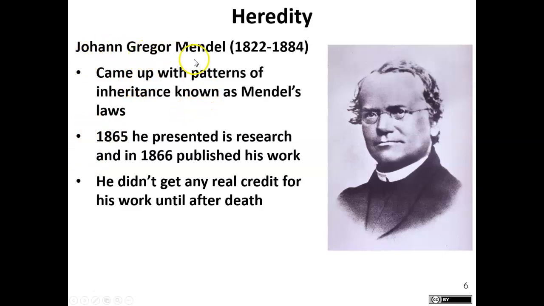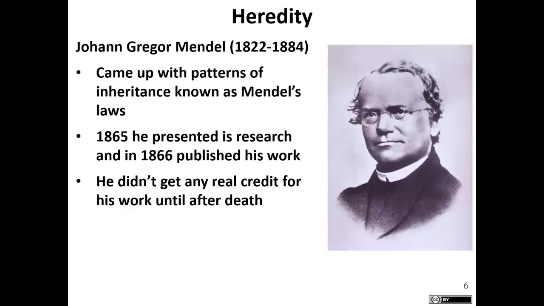We all have heard of Gregor Mendel. Hopefully you've all heard of him, and hopefully you already know a little bit about Mendelian genetics. Johann Gregor Mendel was the first individual to come up with a hypothesis on how heredity occurs, right?